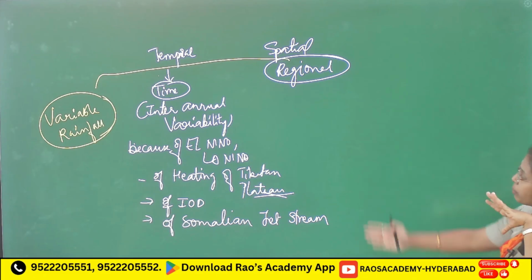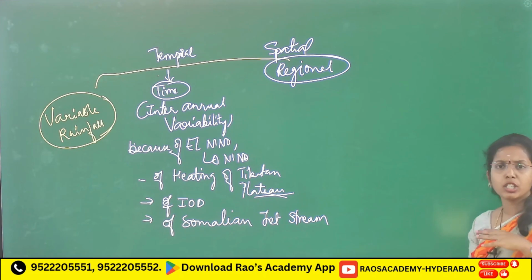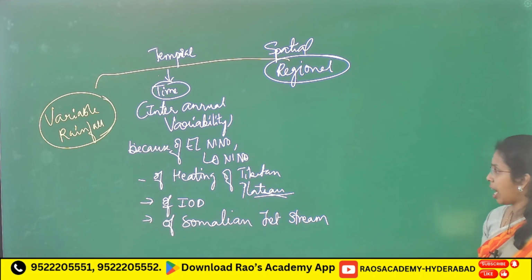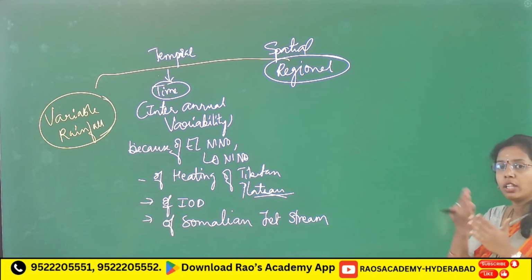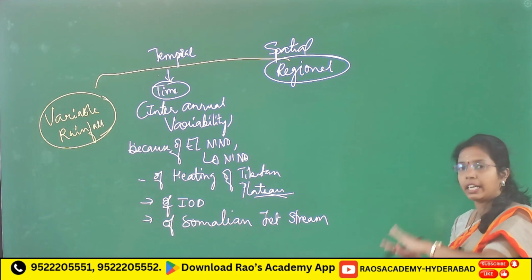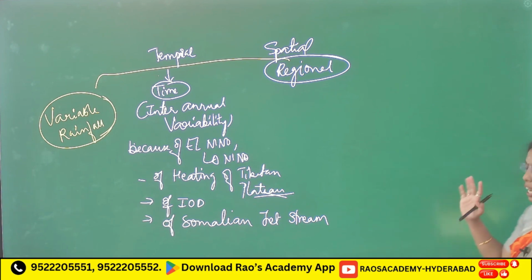Because of El Nino, in El Nino years you will see less rain and in La Nina years you will see more rain. All these we are going to discuss in detail, but in brief I am explaining.